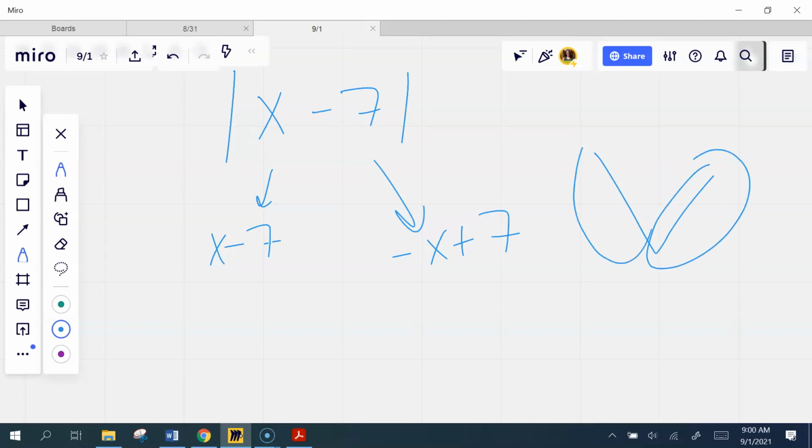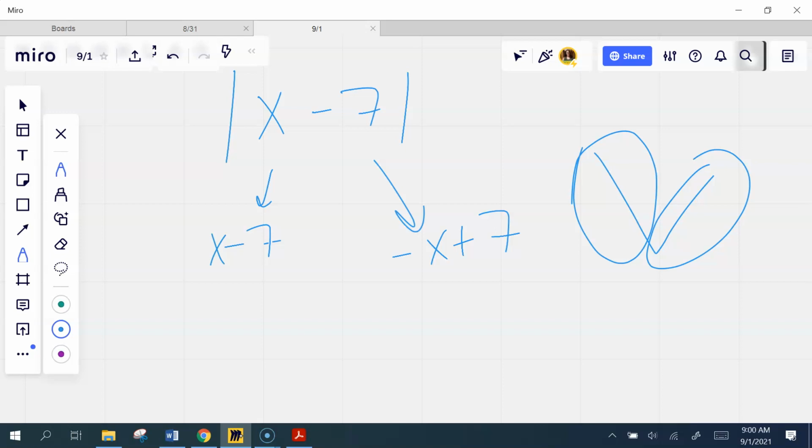The positive side will work or the negative side will work. You drop the absolute value for one and you negate everything for the other. Does that make sense? You can for one scenario, but then for the other.